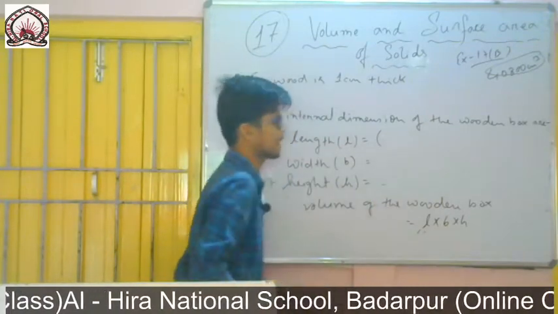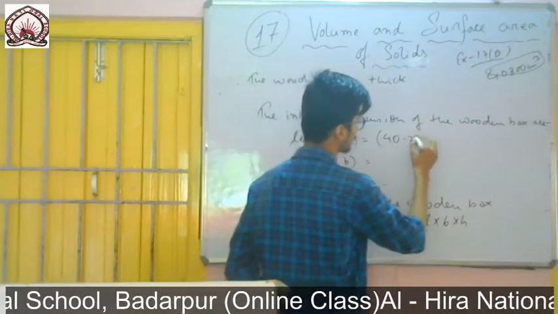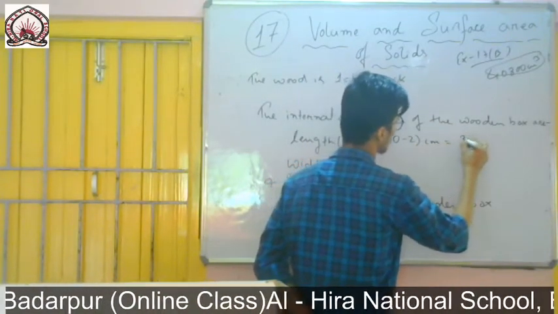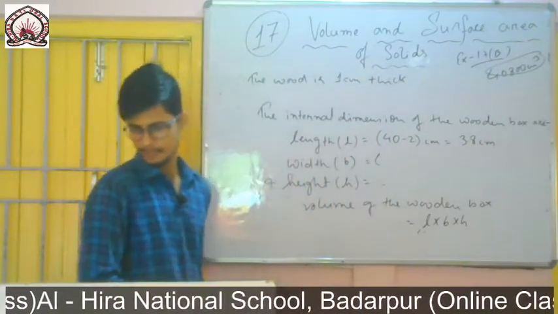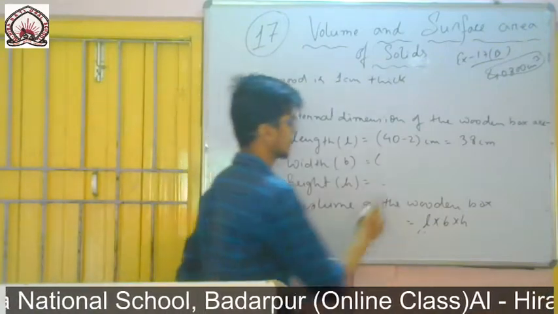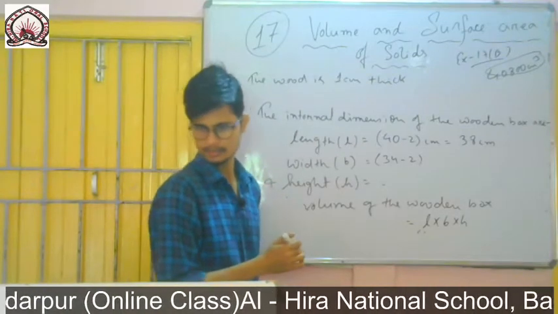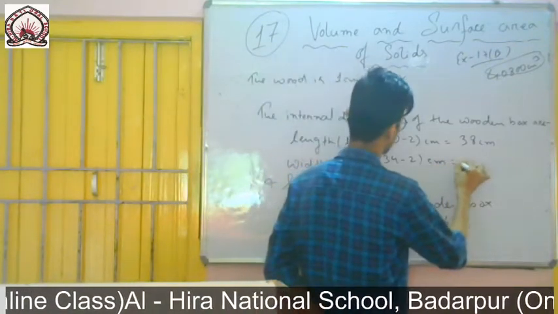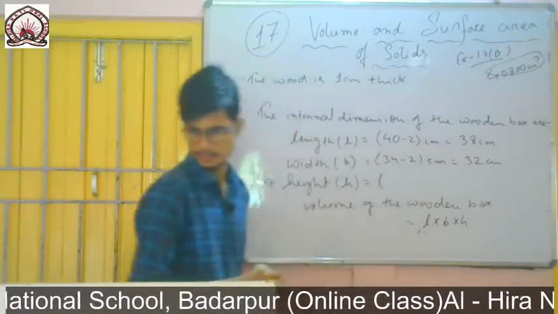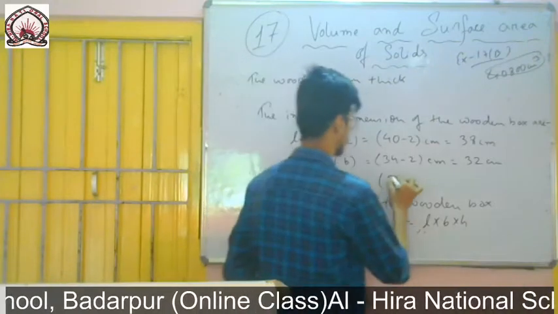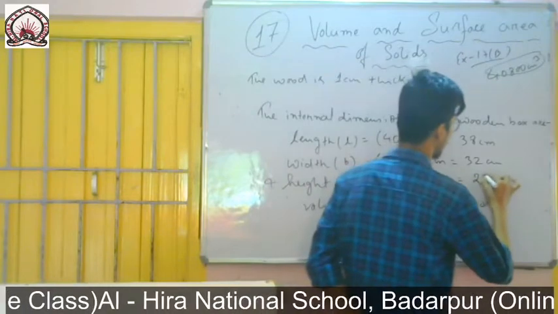Original length was 40, that means 40 minus 2 centimeter, which is equal to 38 centimeter. Then for width it was 34, so 34 minus 2, it is 32 centimeter. Then the last one, height, it was 30 minus 2 centimeter, which is equal to 28 centimeter.